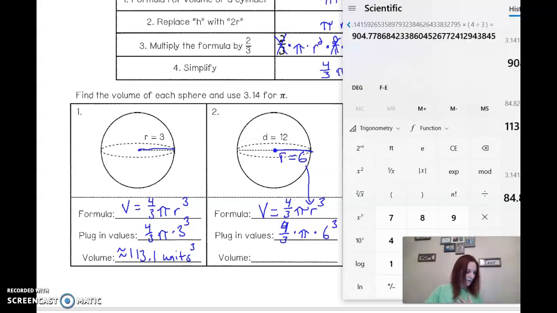Equals. And we get about 904.7, and it's not saying where to round to, so round it to like the nearest tenth or hundredth even. Just round it to 904.8.